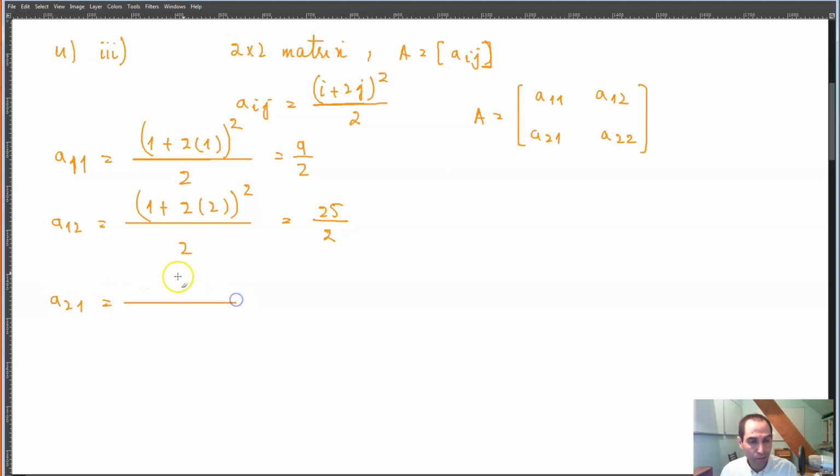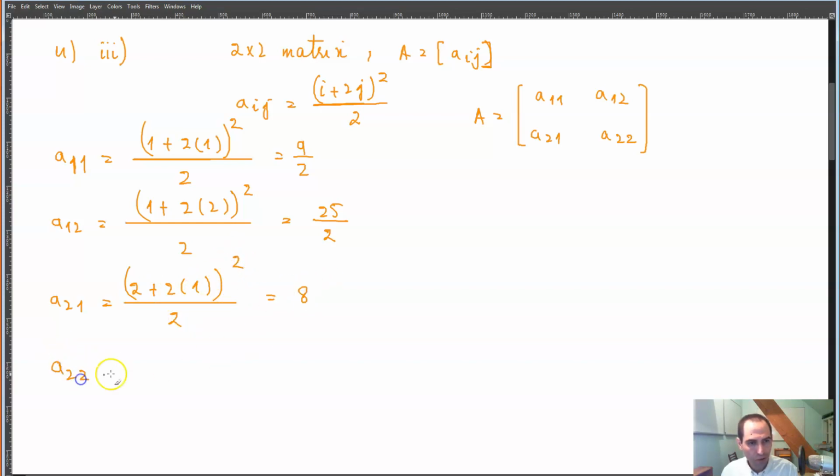A21 is equal to 2 plus 2 times 1, whole raised to the second power divided by 2. Now this is 2 plus 2 is equal to 4, 4 squared is equal to 16, 16 by 2 is equal to 8.